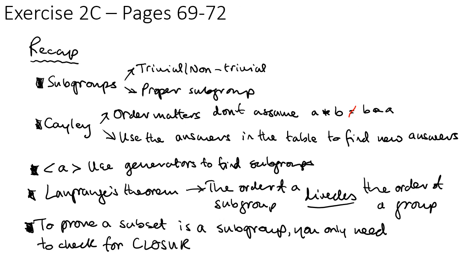You don't need to check for an identity, because the identity of a group will be in the subgroup. You don't need to check for inverses, because you'll find the inverses of the elements in a subgroup, that just follows. And you don't need to check for associativity either, because if the group is associative, the subgroup will also be associative.